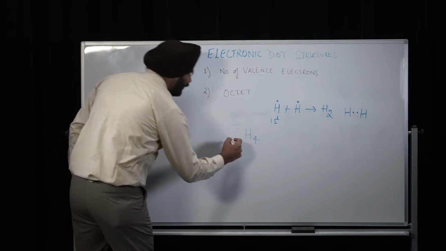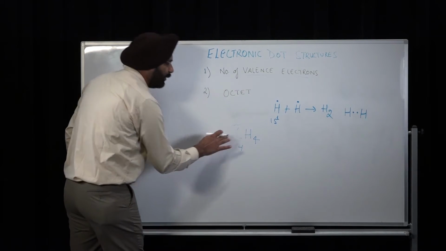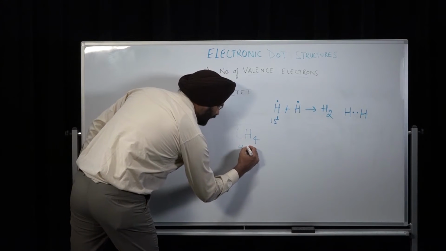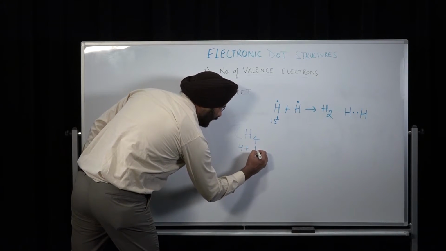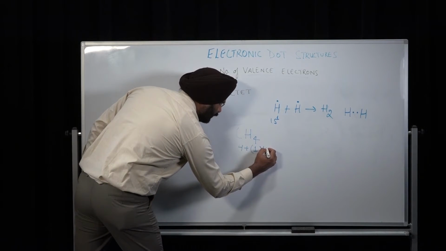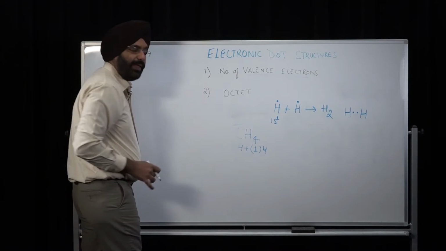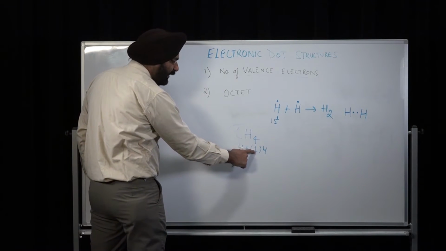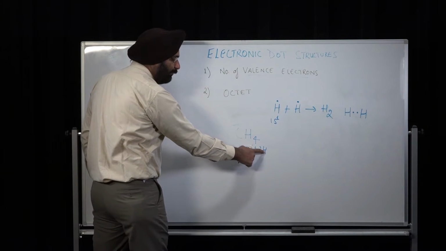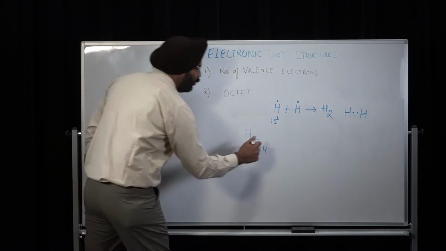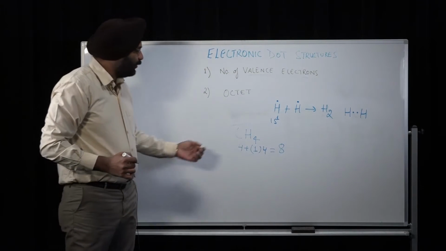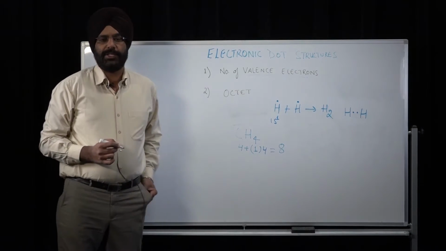We know there are 4 valence electrons for carbon, and there is 1 valence electron on each hydrogen atom, and there are 4 hydrogen atoms, so you have 4 times 1. So in total, there are 8 valence electrons in a CH4 molecule.